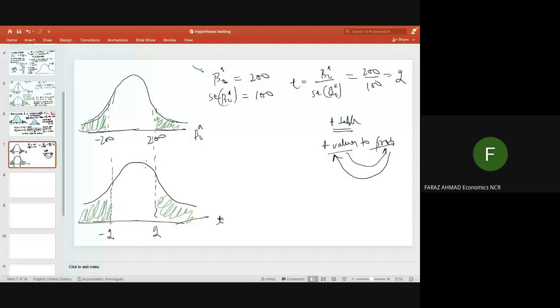And they are both counterparts, and they are one and the same, except for the fact that 200 is on the beta 2 scale, while t is on a standardized scale, which is t.